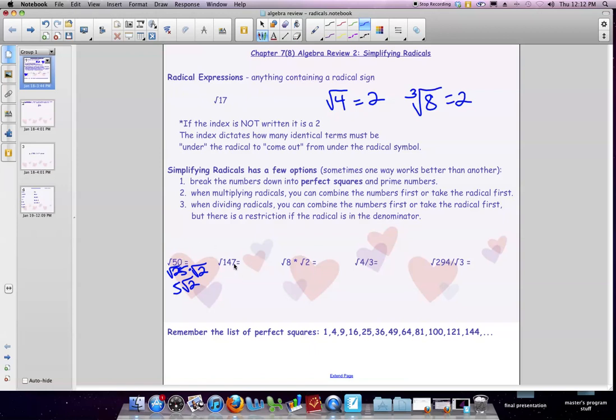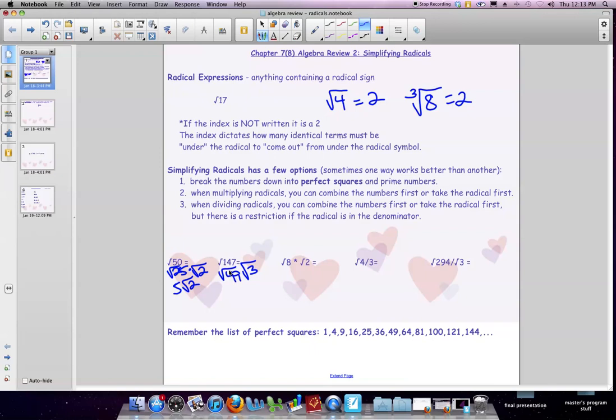As far as the square root of 147 goes, the square root of 147 has the perfect square 49 hidden in it. So we would break up the square root of 147 into the square root of 49 times the square root of 3.